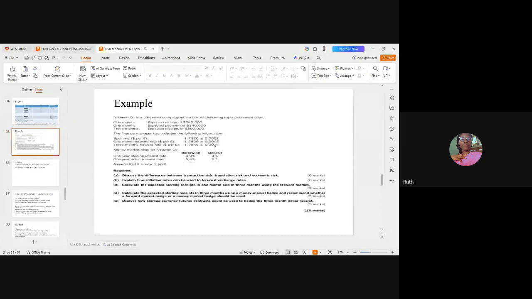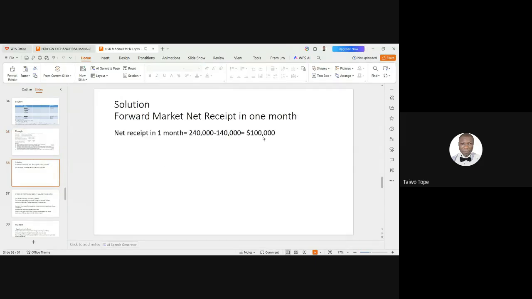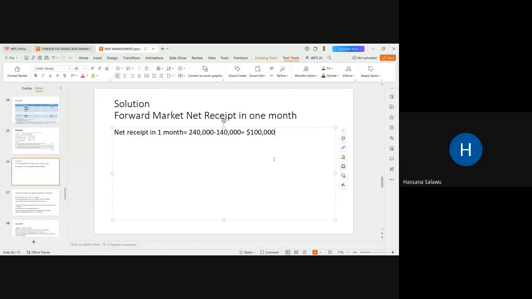So which rate are you using? The 1 month forward rate, 1.7832. So we now have it as 1.7832.